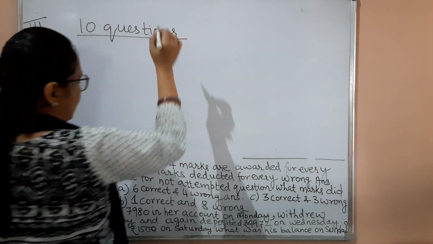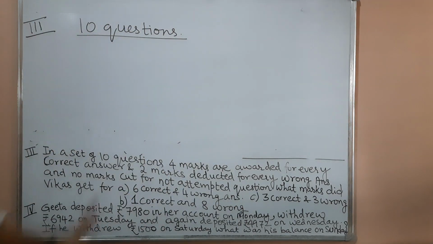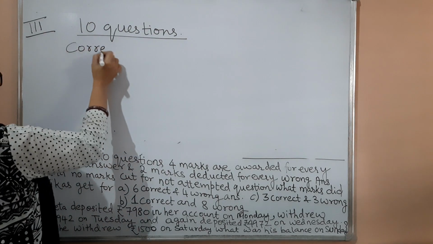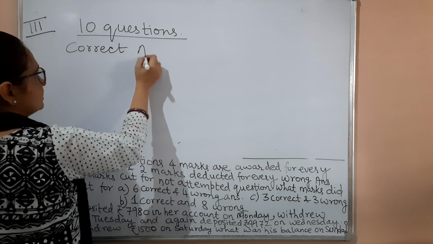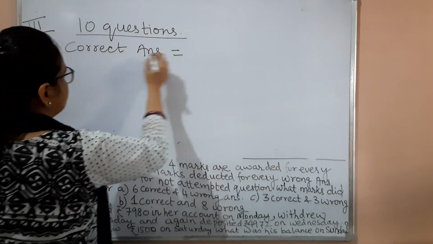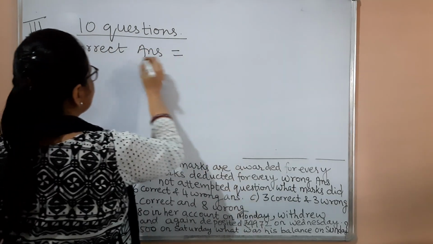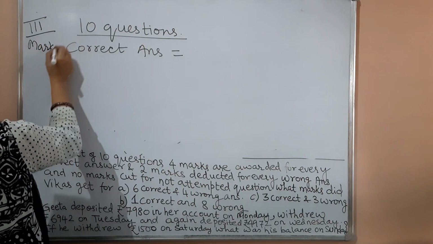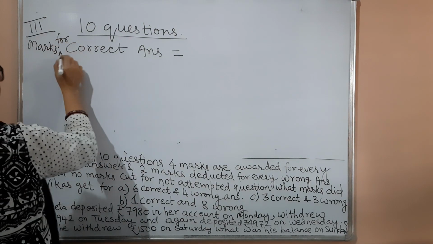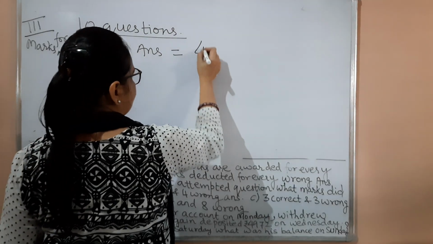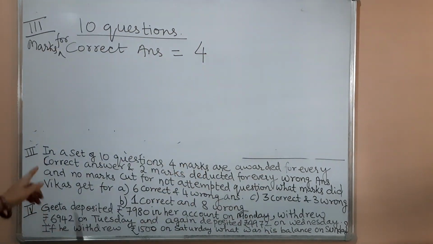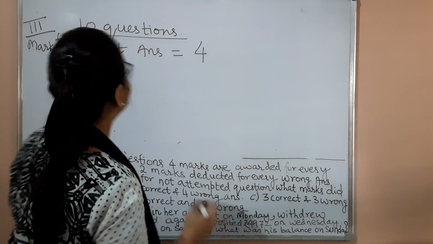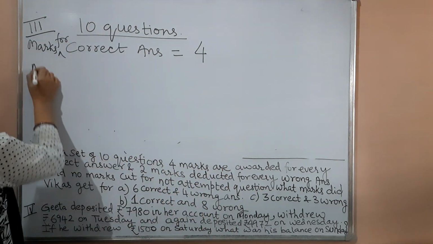Now this is a question paper in which we have 10 questions. For correct answers, the marks for every correct answer is 4, and 2 marks is deducted for every wrong answer.